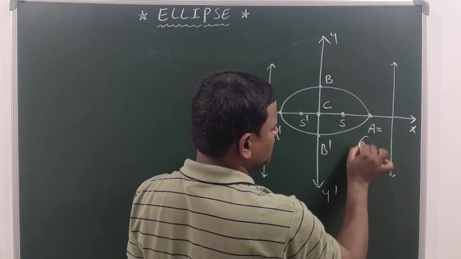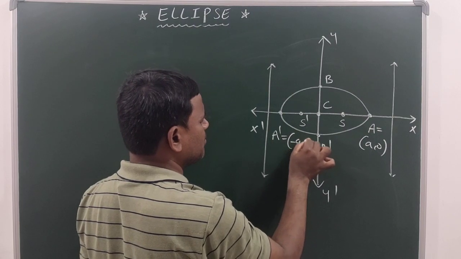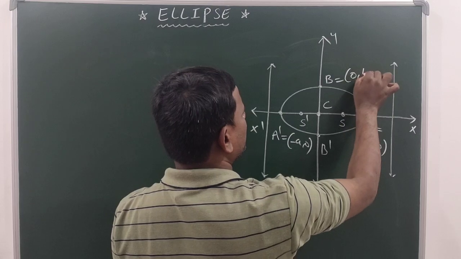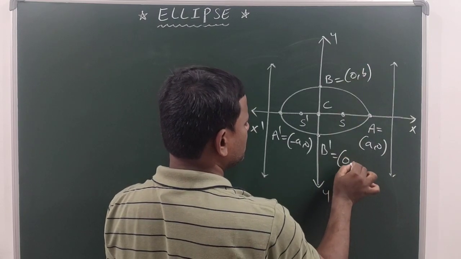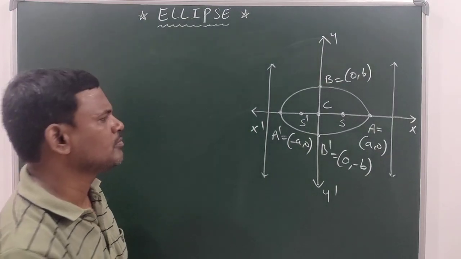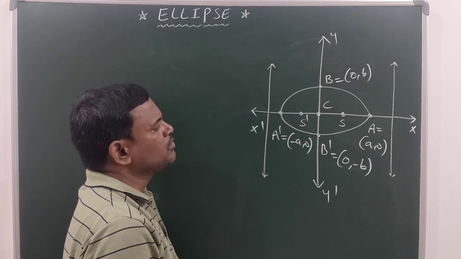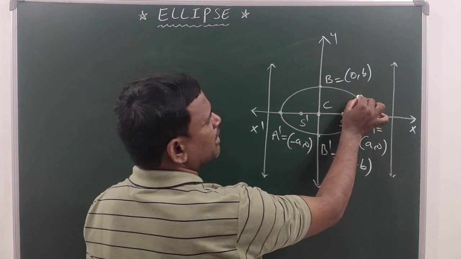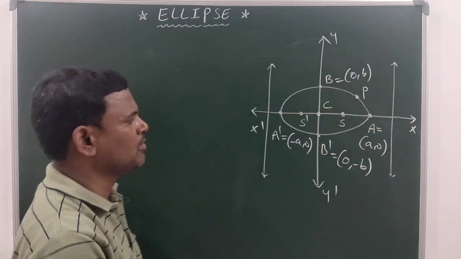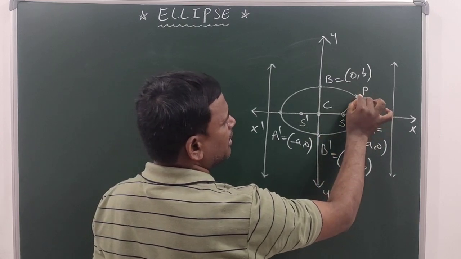The A coordinates are (A, 0), A dash coordinates are (minus A, 0), B coordinates are (0, B), and B dash coordinates are (0, minus B). Take any locus point on this ellipse as P. Now connect SP and PM.